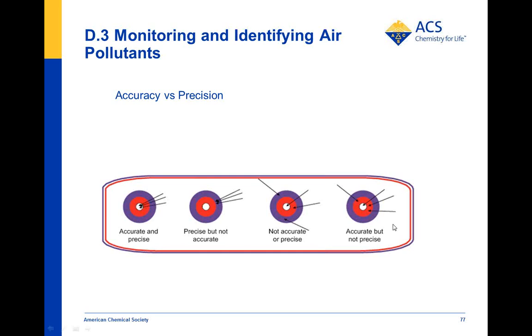And so it's a really good time to talk about whether or not we're getting accurate information, whether or not we're getting precise information. Because if students are going to design their own investigation, they should know how they know how accurate their data is and how they will make sure that it's precise.